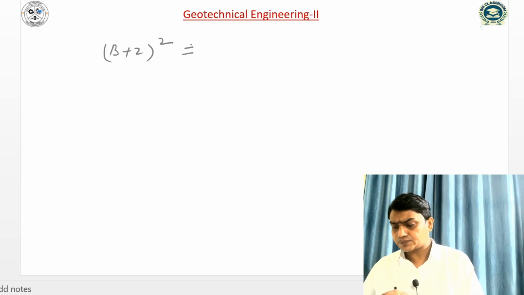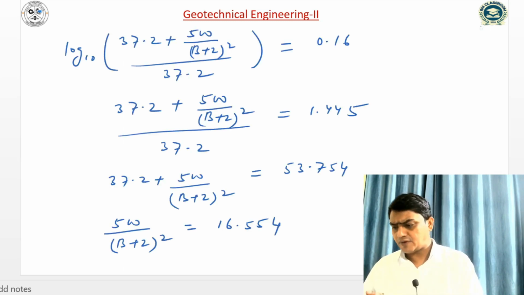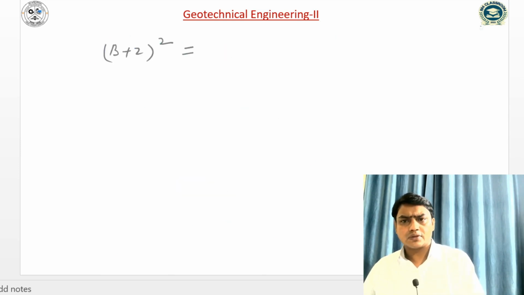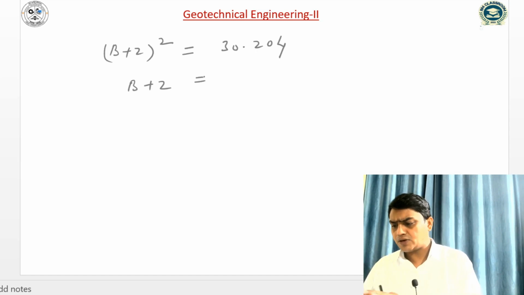So if I solve this, b plus 2 square is equal to 500 divided by 16.554. So it is coming 30.204. So b plus 2 is equal to square root of 30.204.